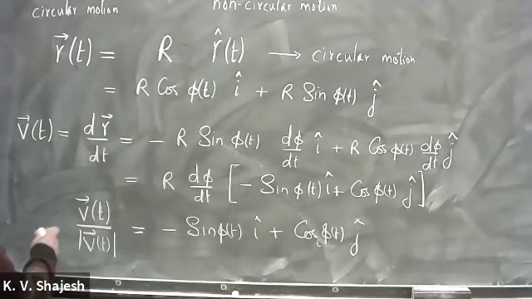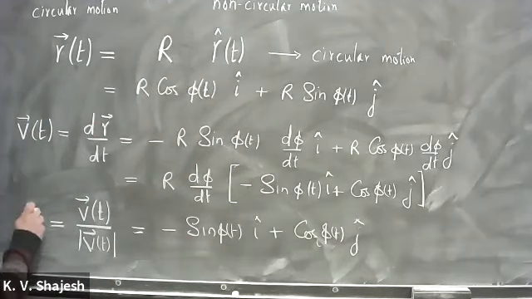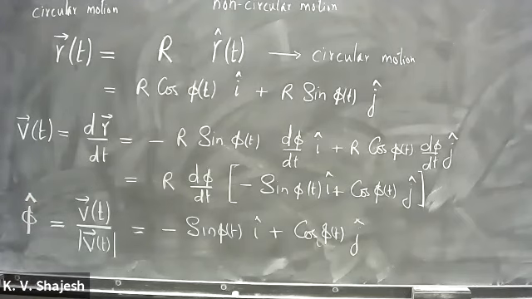We can call this v hat. Nothing wrong in that. By the notation we use, this should be v hat. Perfectly fine by that notation, but we would like to call that phi hat. So this will be phi hat. Okay. Remember, the direction of a vector was phi in terms of r and phi, right?